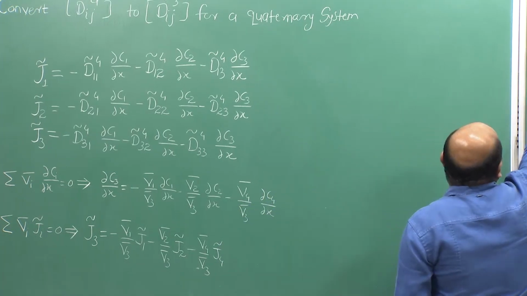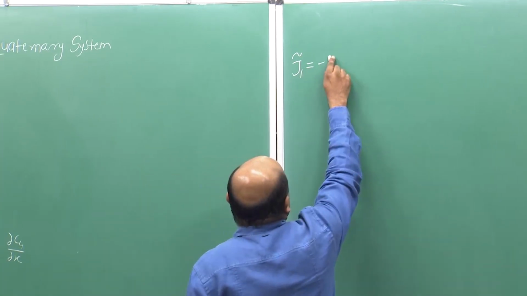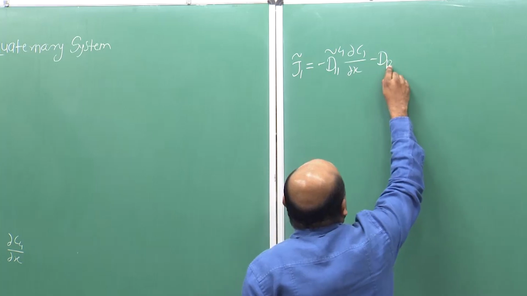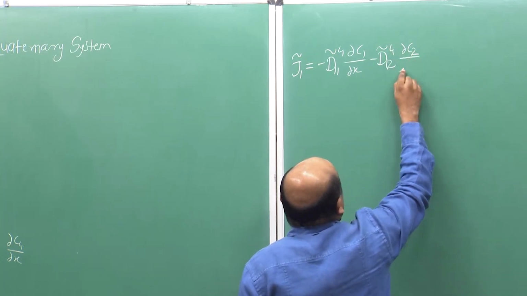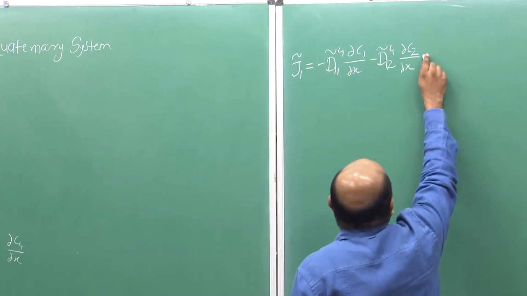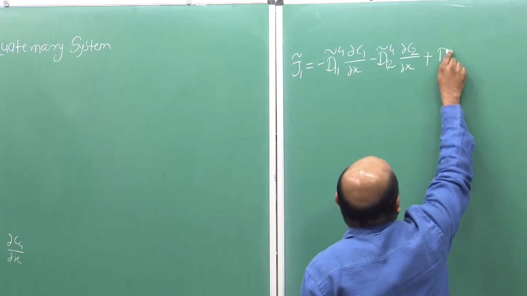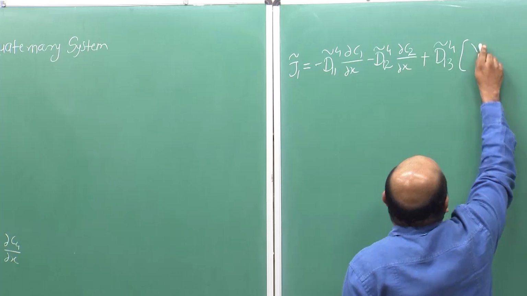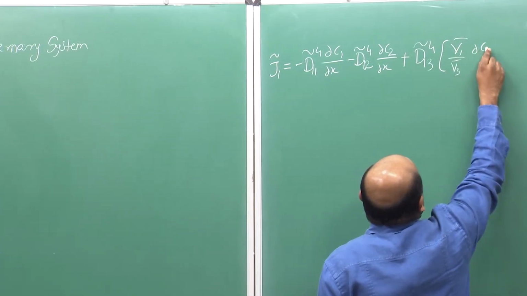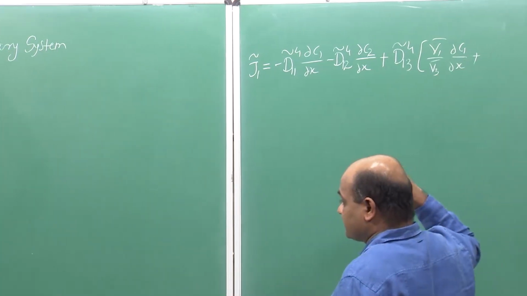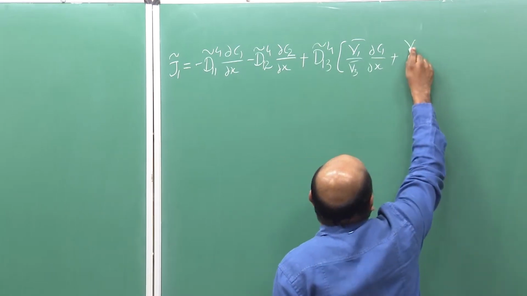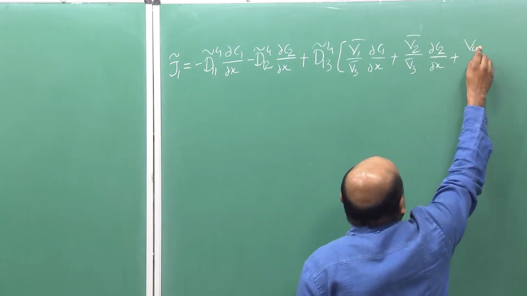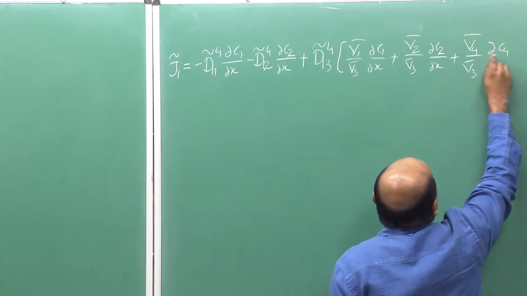So, we get J1 tilde is equal to minus D11 tilde 4 dou C1 by dou x minus D12 tilde 4 dou C2 by dou x minus, if we substitute for dou C3 by dou x, D13 tilde 4 times V1 bar over V3 bar dou C1 by dou x plus V2 bar over V3 bar dou C2 by dou x plus V4 bar over V3 bar dou C4 by dou x.